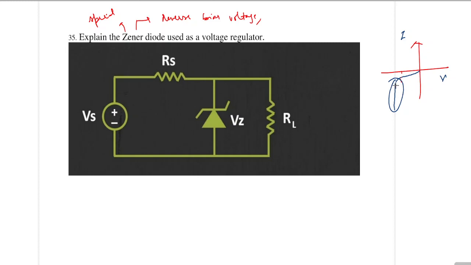For example, it will have a minimum and maximum value, called IZ minimum and IZ maximum. For example, imagine that it can take up to 50 microampere current, which means even if the current goes up to 50 microampere in reverse bias, still it will not be destroyed. This is what IZ maximum is. Just think of this number.